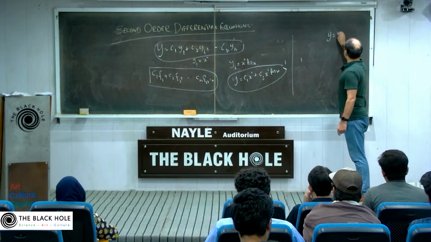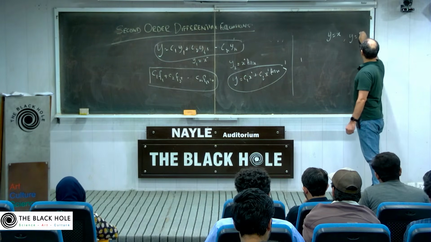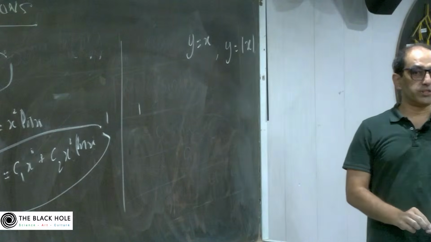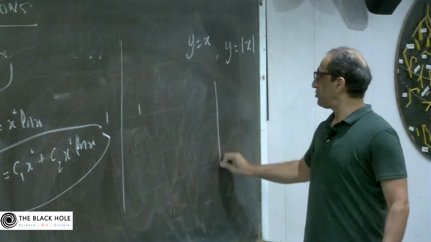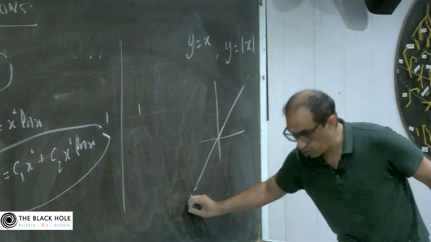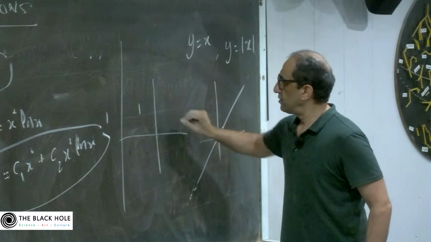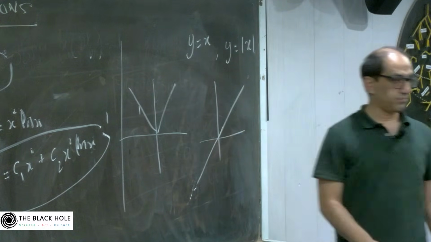So let's say you have y is equal to x and you have y is equal to modulus x. So y is equal to x will have this geometry here. You can in fact go on and on. But y is equal to modulus x will be this.